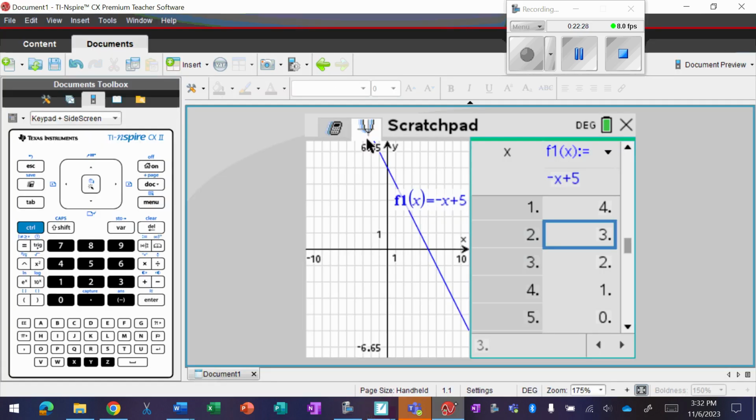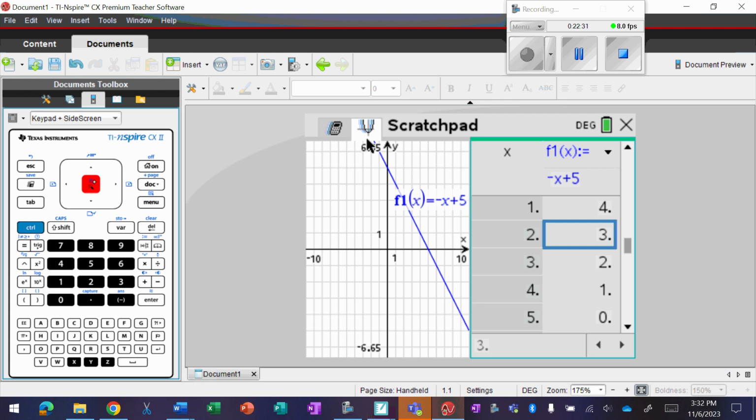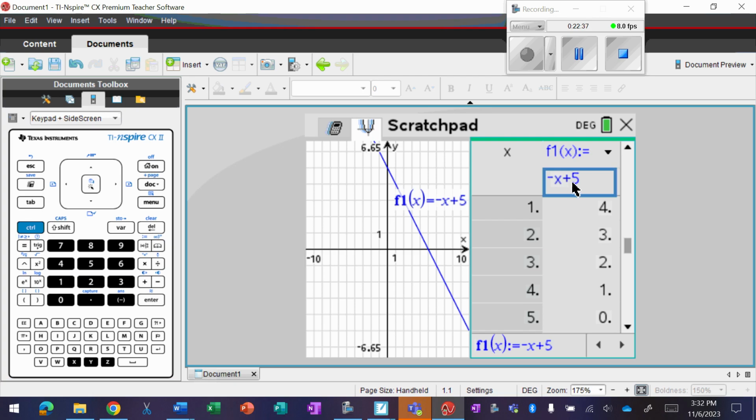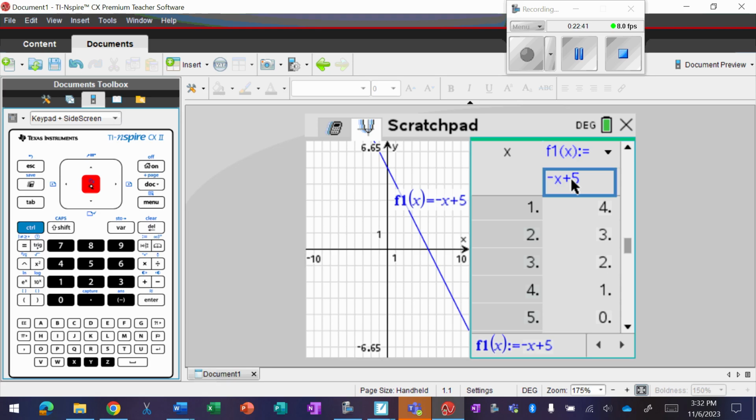Now, if you can do it, you can use your keypad to try to get your cursor right above where the equation was, and then you're going to double click. And you should be able to delete that old equation and type in the new equation, which is x subtract 5.